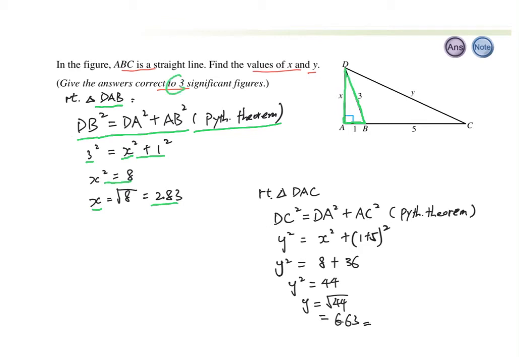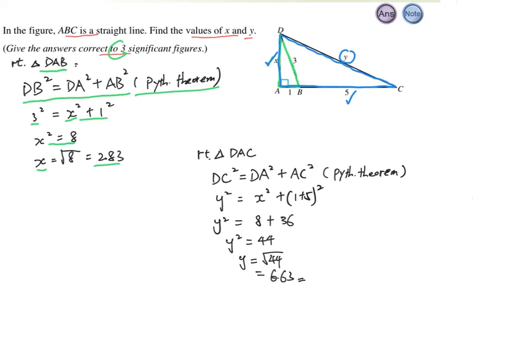Okay, now we have solved x, so x is already done. So now we can go back to the large right angle triangle, because there are two known sides. Phi is known, x is known, so only y is unknown, so we can apply the Pythagoras theorem.